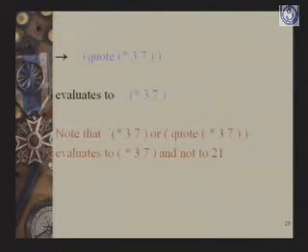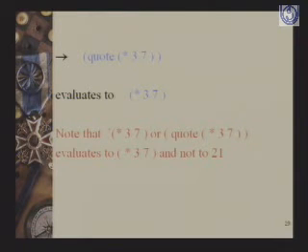The evaluation of quote is that you remove the quote and whatever is left out, you just give that as its value. So whenever you have a pair of parentheses in which the special word Q-U-O-T-E occurs and then some expression follows it, the value will be the expression after removing quote.